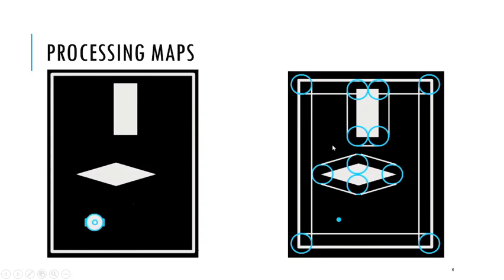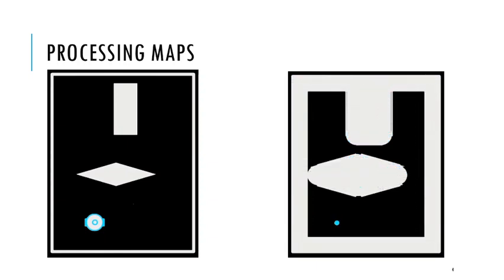So I have grown each obstacle by the size of the robot, and these are my new obstacles. And now what's nice is that I can reduce the robot to a point like this, okay? And I know that on the inflated map, anywhere that a point will fit, the real robot will also fit on my original map.